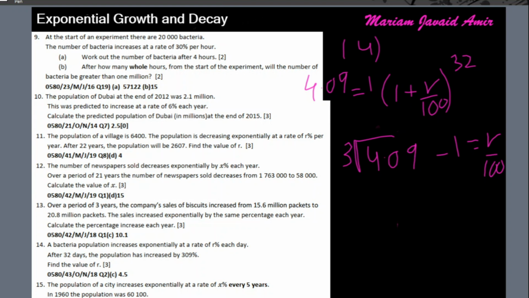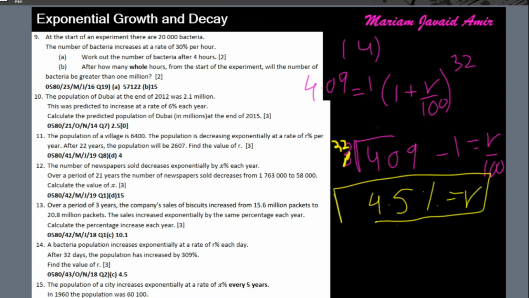Sorry, not cube root, but 32nd root. So this is 32nd root of 4.09. So 32nd root of 4.09 minus 1 times 100 is 4.5%. So r is equals to 4.5%.